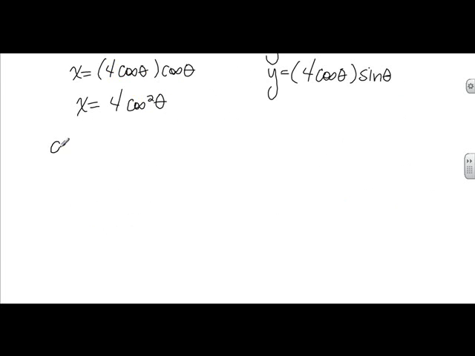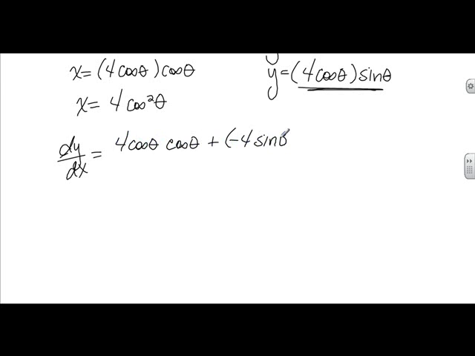So the derivative, I'm thinking about the derivative of y with respect to x. dy over dx is going to be the derivative of our y equation. Using the product rule there: first factor times the derivative of the second factor, plus the derivative of the first factor times the second factor.